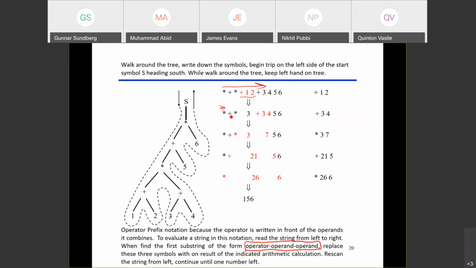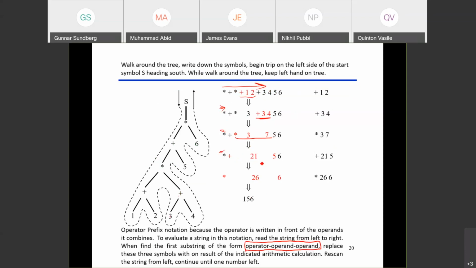So operator, operator, operator, operand, operator, operand, operand. We find this combination here. We solve this: 3 plus 4, 7. So we again start from here. Then operator, operator, operator, operand, operand, we solve this: 3 multiply by 7, 21. We again start from here. Operator, operator, operand, operand.